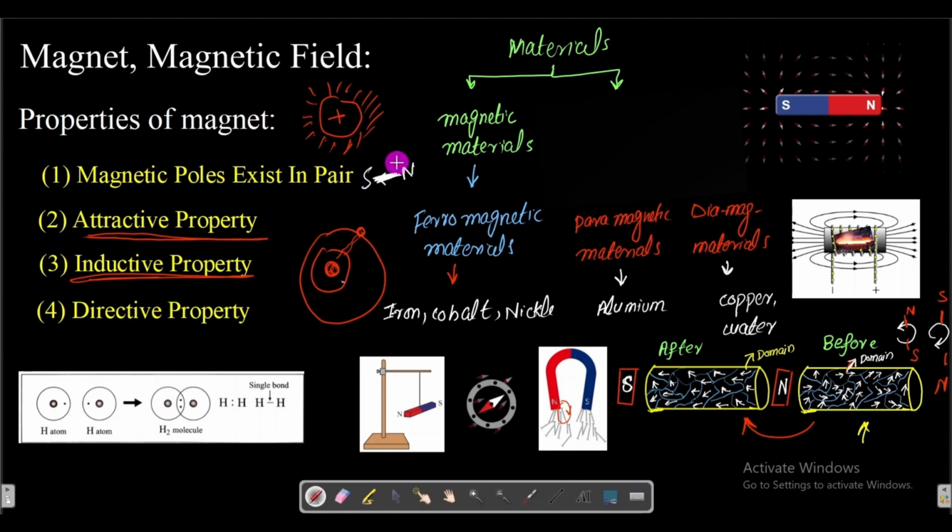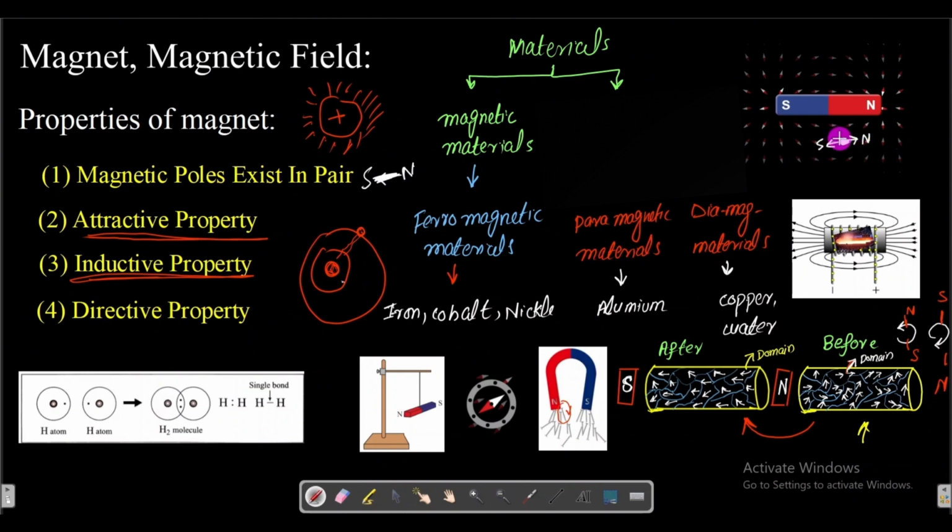The reason behind this is that if we take this permanent magnet and break it into small pieces, in each case this side will be the north and this side will be the south. And if we go to the molecular level, the molecule will have one side north and the other side south.